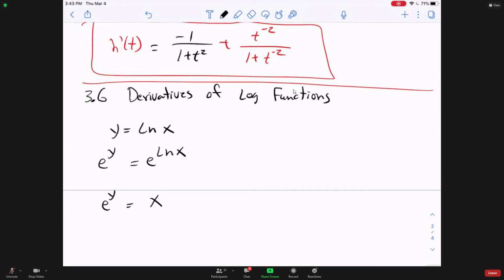Now I'm going to differentiate both sides with respect to x. So the derivative of e to the y is itself times the derivative of y, which is dy over dx. The derivative of x is 1.